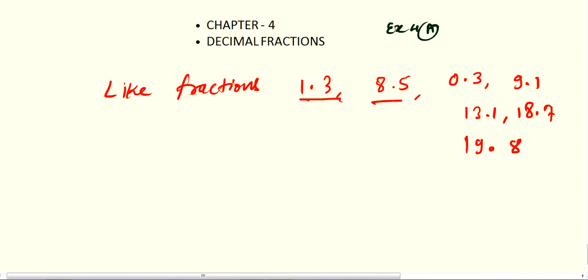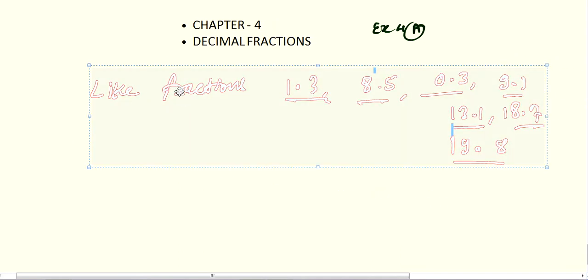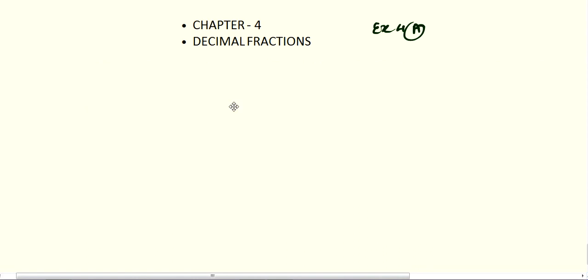As you can see in these examples, after decimal you are having only one place. So these all are like decimals. Sorry, this is decimal, by mistake I have written fraction. Decimal. Now the first question I want to solve.